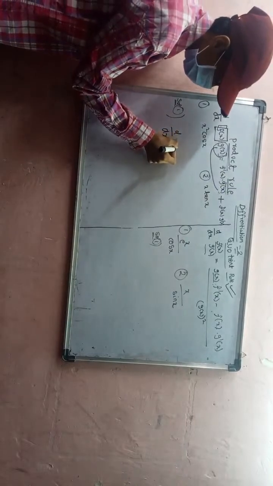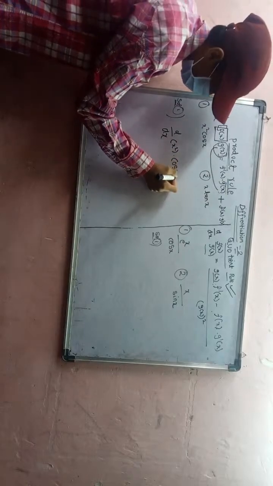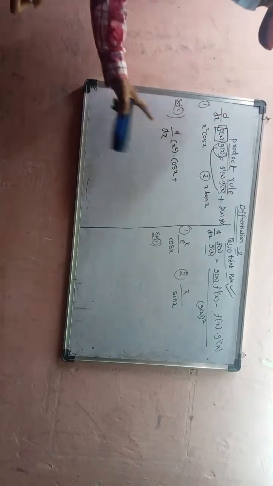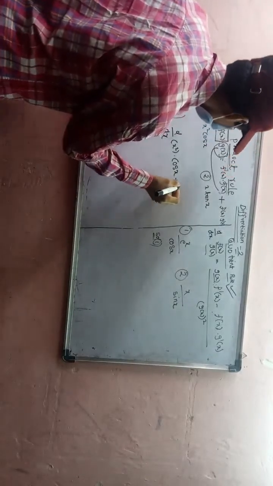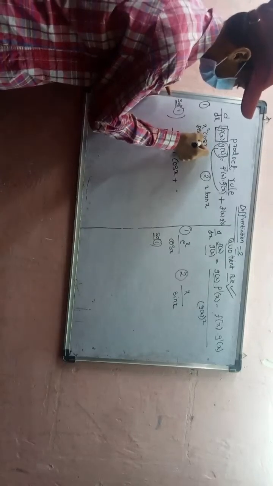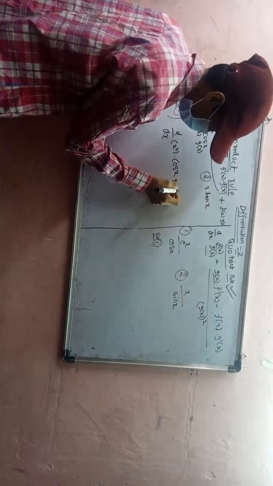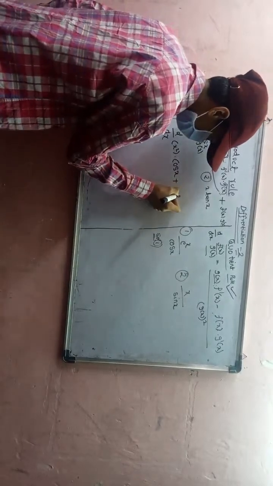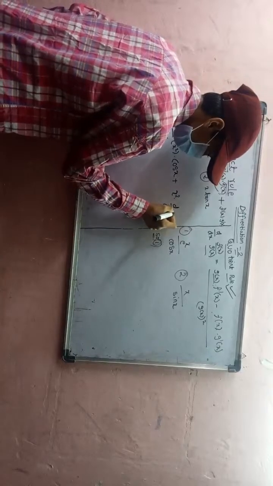So d by dx of x square into cos x, plus, this is f of x, this is g of x, x square into d by dx of cos x.